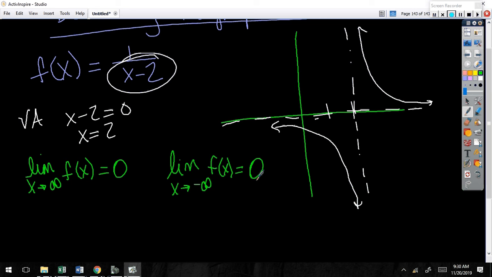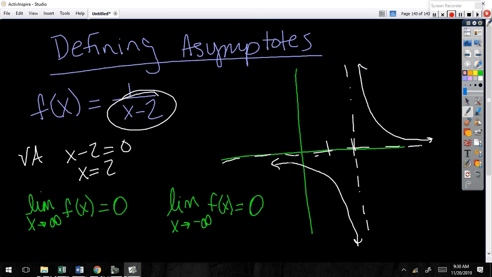This is the textbook definition of a horizontal asymptote, when you have the limit that approaches a number like this. Let me go to the other page to write the definition for you, and I'll come back to this, because remember, we're defining what an asymptote is.